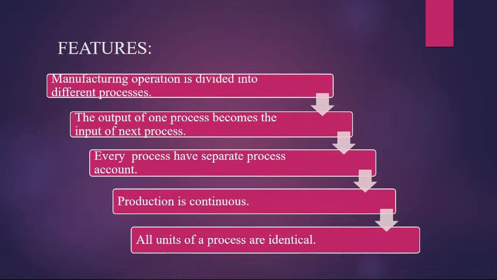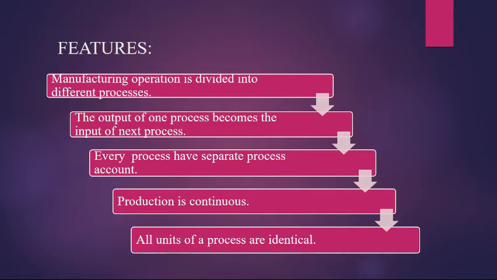The important features of process costing include: manufacturing operation is divided into different processes. Here we are mostly concentrating on manufacturing operations, which are divided into separable processes. The output of one process becomes the input of the next process.